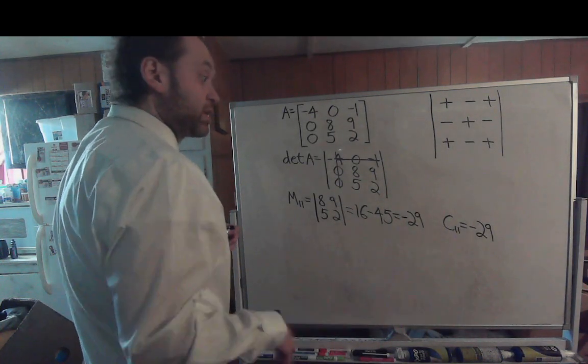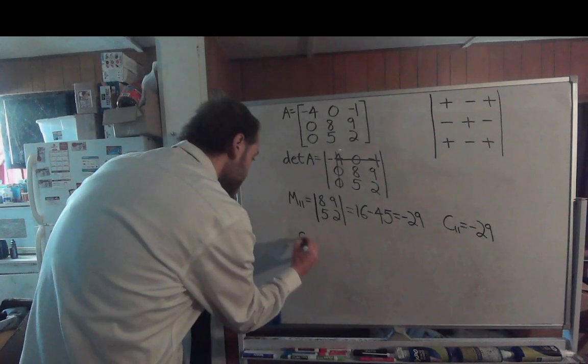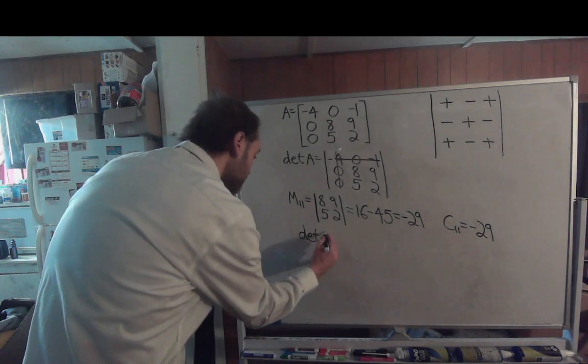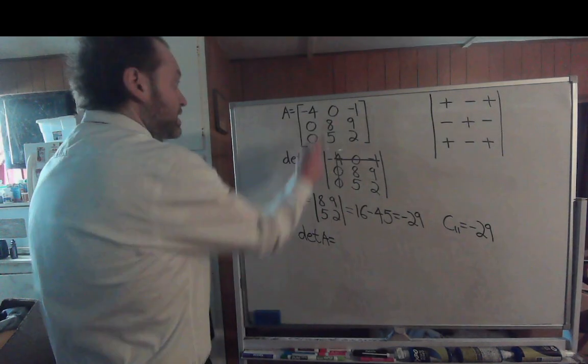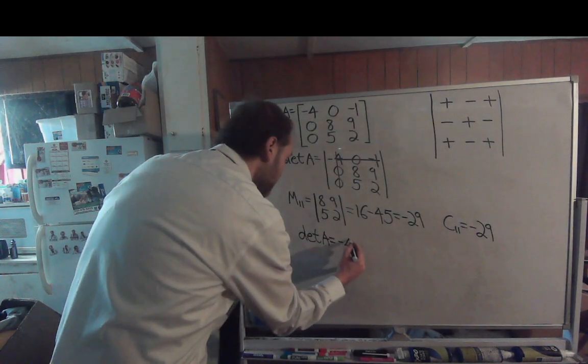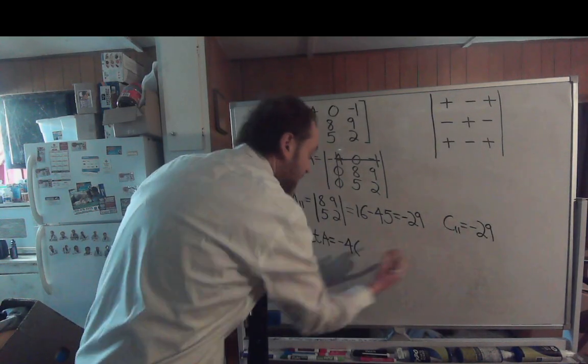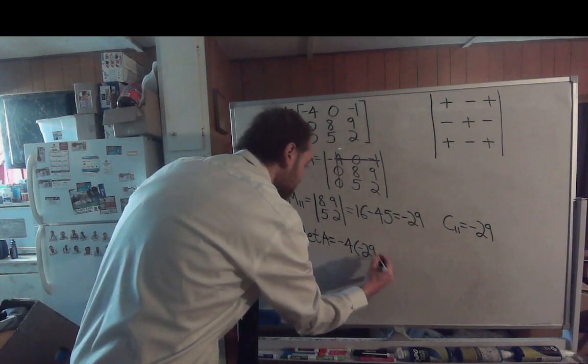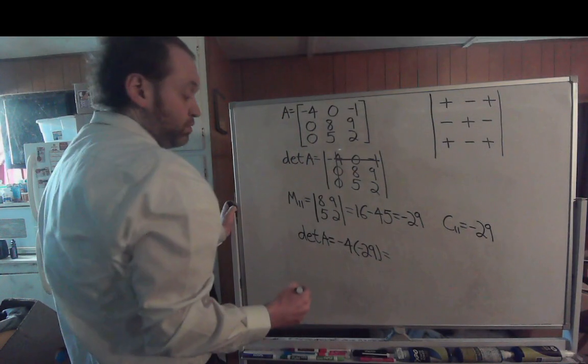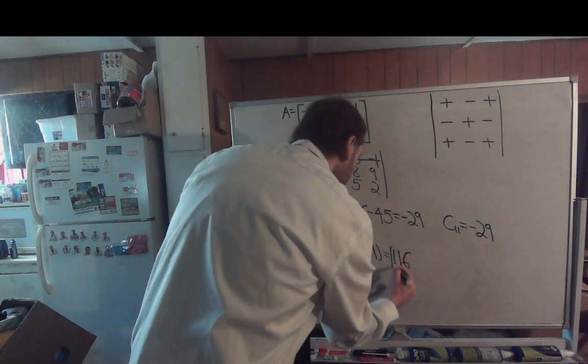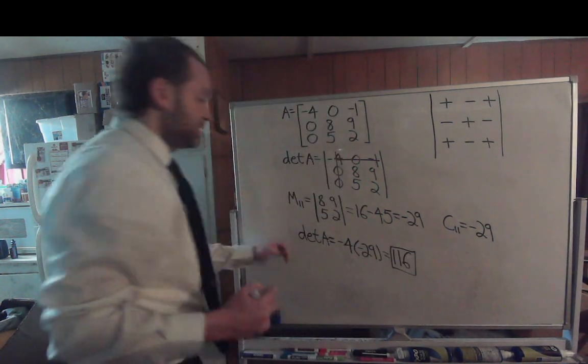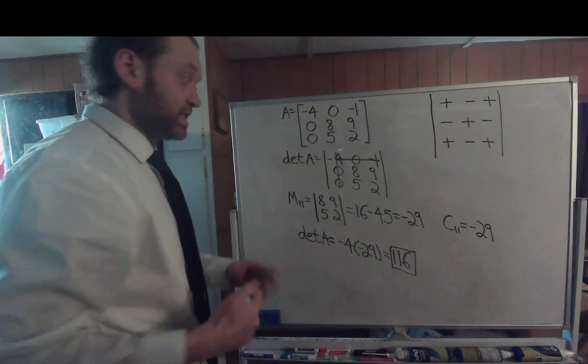Now we only got one cofactor to deal with, so we can go straight to the determinant. The determinant would equal that coefficient of negative 4 times that cofactor of negative 29, which would end up equaling positive 116. So you get a determinant of 116.